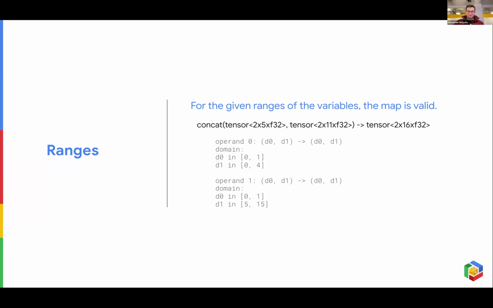And the mapping from output to input exists only to one of the operands at a time. So the mapping from output to operand 0 exists only for D0 from 0 to 1 and D1 from 0 to 4. But for D1 from 5 to 15, we have a mapping only to the second operand, so to operand 1.